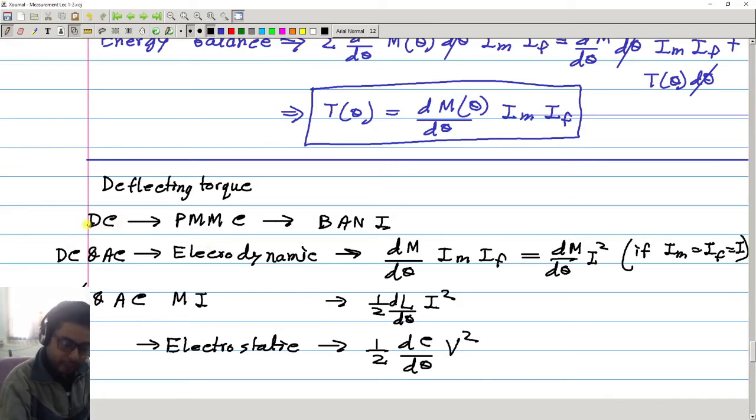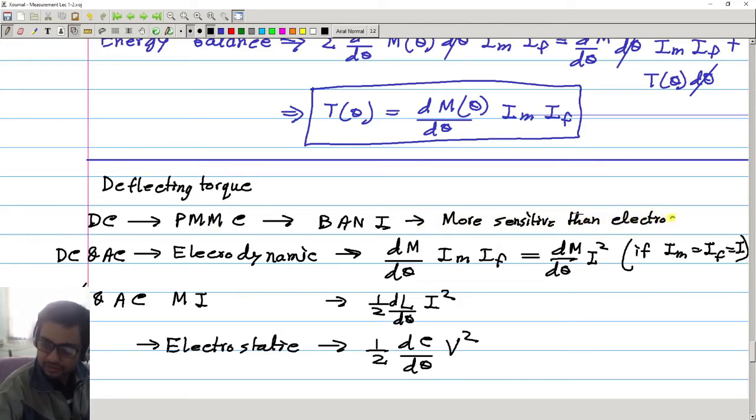If we compare the sensitivity between PMMC and electrodynamic, PMMC is much more sensitive than electrodynamic, particularly for low values of current.